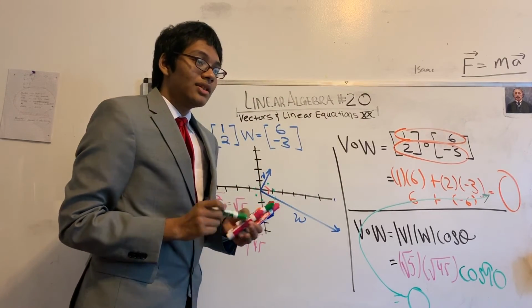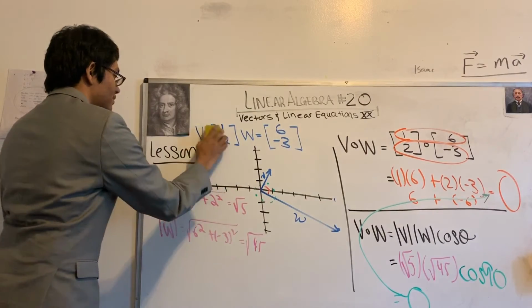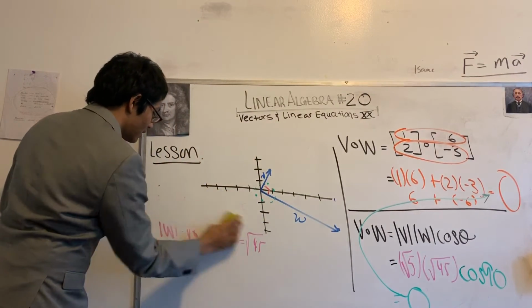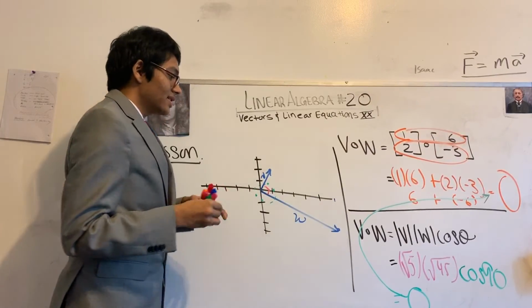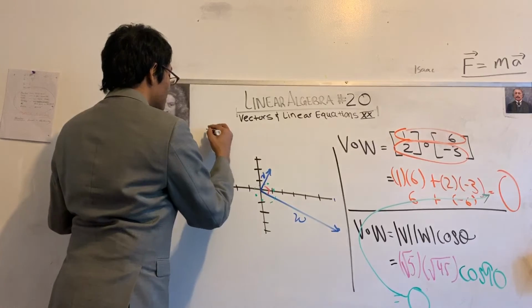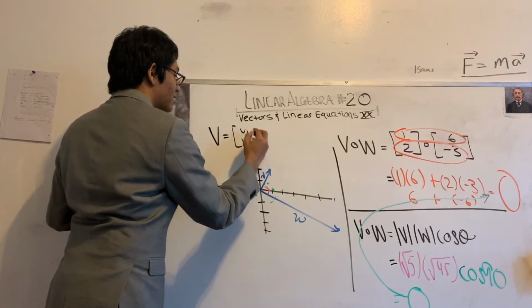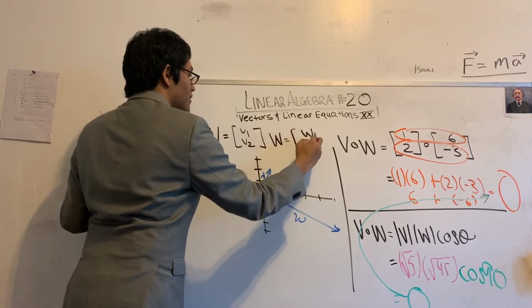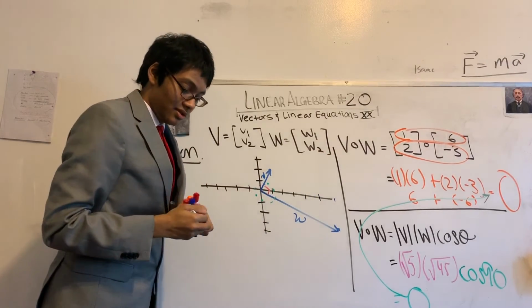So now let's look at the general idea. If I have two vectors, v with components v1 and v2, and w with components w1 and w2, I will ask you this question.